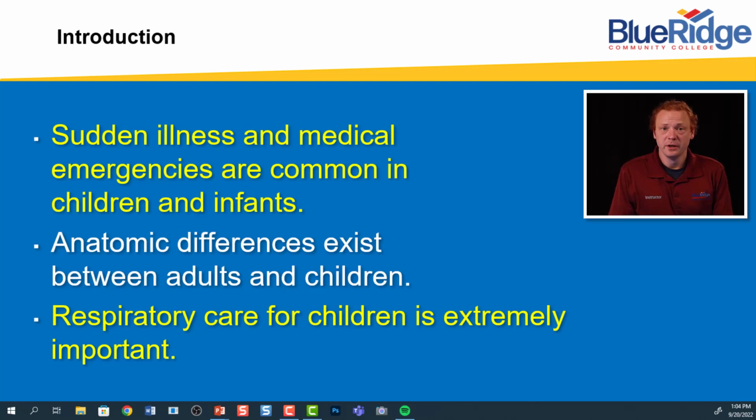Respiratory care for children is extremely important, as we know that children and infants are predominantly respiratory driven and often go into respiratory arrest preceding cardiac arrest, whereas adults typically go into cardiac arrest as a primary and respiratory arrest, kind of a coexistence, so to speak. Emergency medical responders should learn some basic information and treatment for common pediatric emergencies, which we will be covering in this chapter.